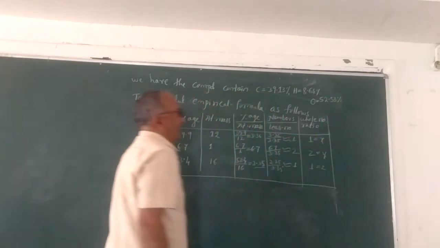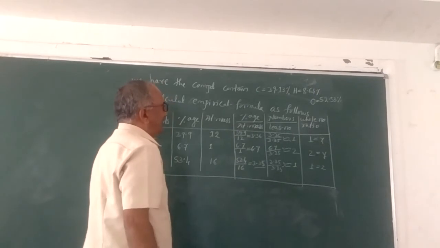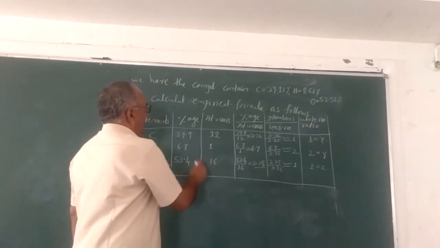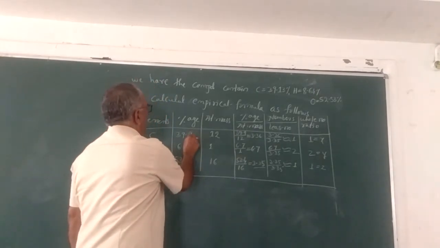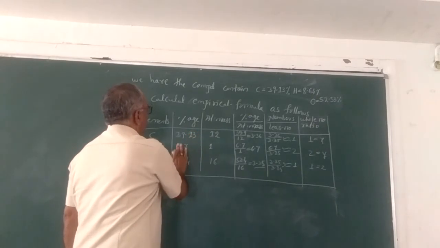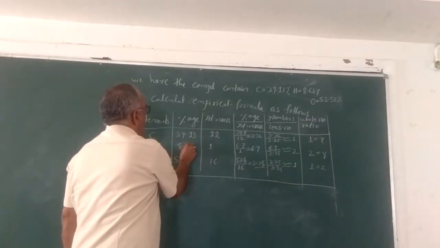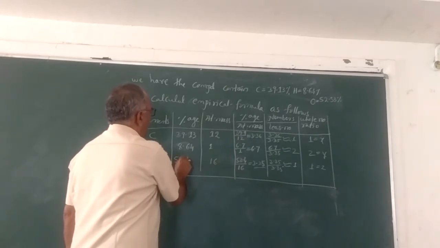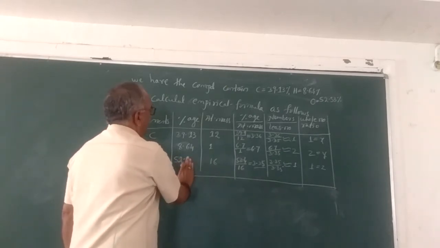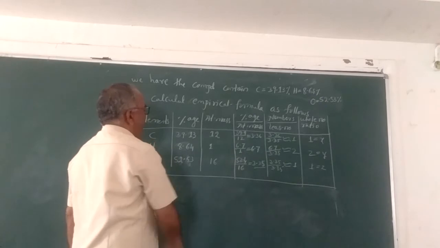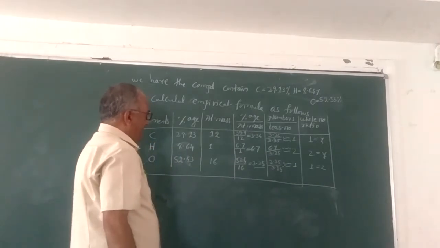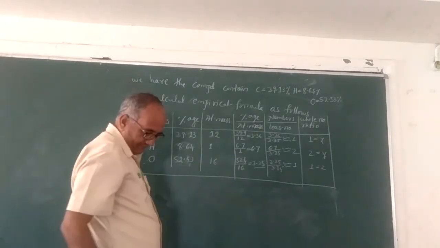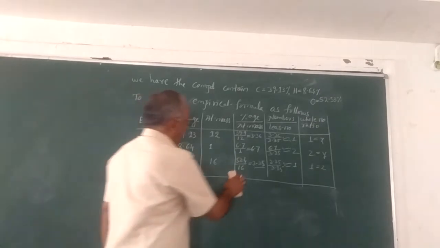Okay, these are the given data. We can substitute. This is 39.13, this is 8.64, this is 52.53. Right? Then the atomic mass is same. Then simplify.